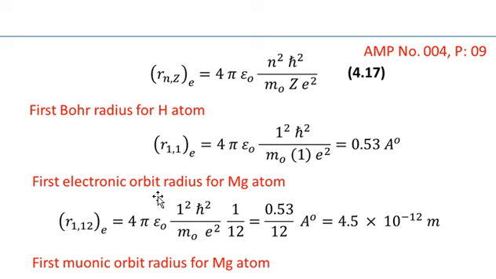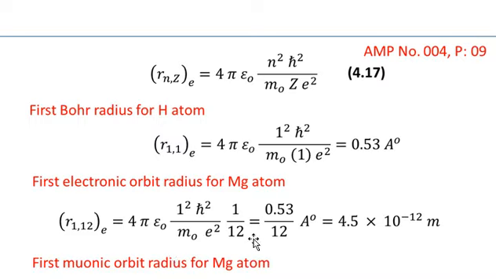Now the first electronic orbit for the magnesium atom. So I am using the same formula as equation number 4.17. I am using n is equal to 1 in equation number 4.17, and I am putting Z is equal to 12, so that I can calculate the electronic radius corresponding to the first orbit of the magnesium atom.